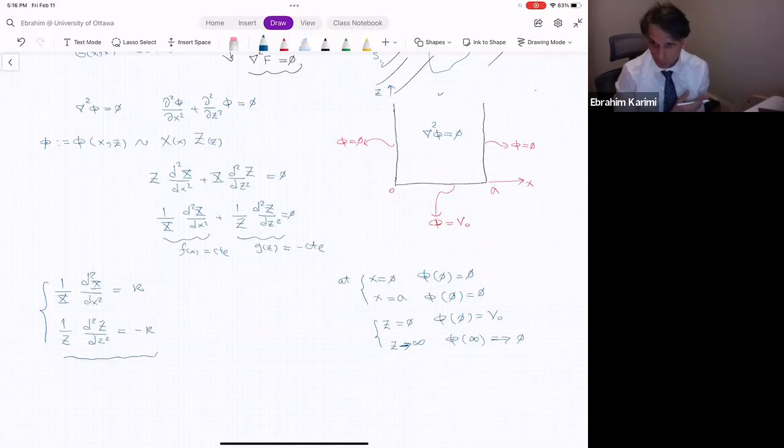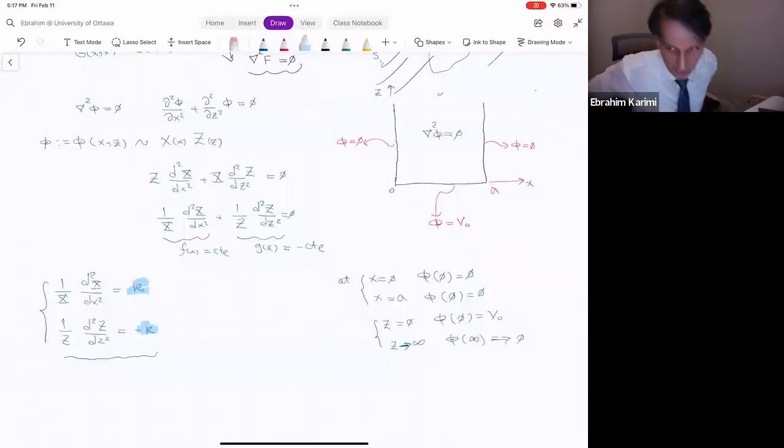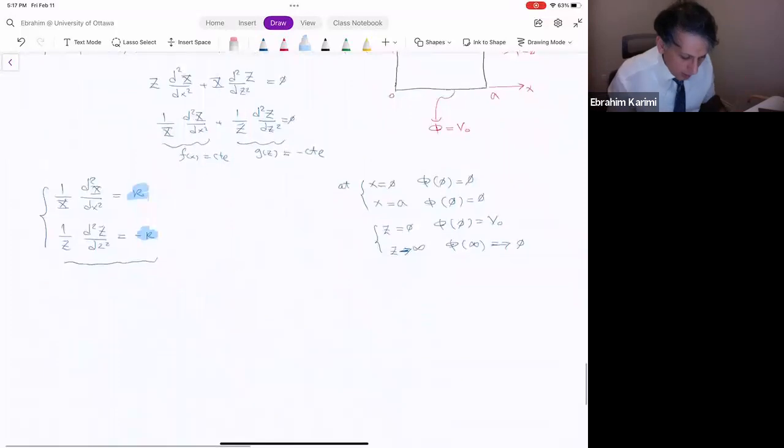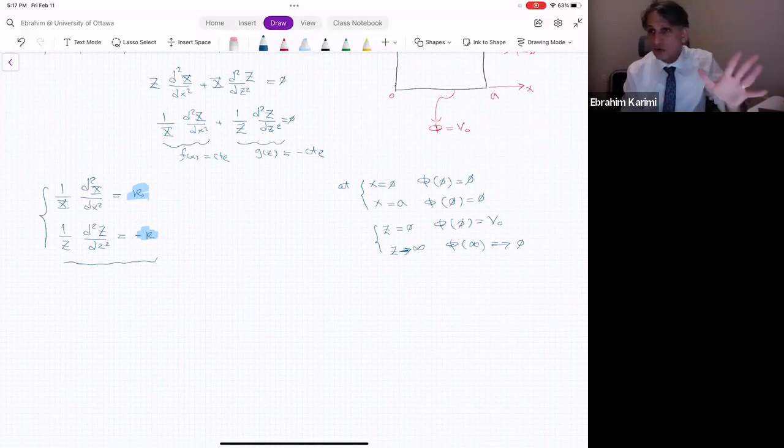I have not put any constraint on kappa. I have no idea what kappa is. It can be real, imaginary, positive, or negative. But let's say for one of those cases we are solving the problem. By the way, this is a second order differential equation with a constant coefficient. It's so simple to solve.